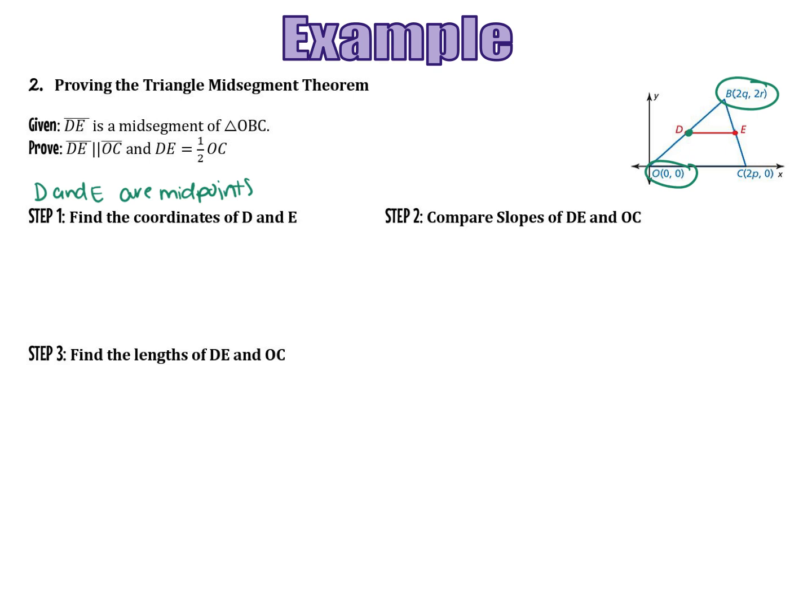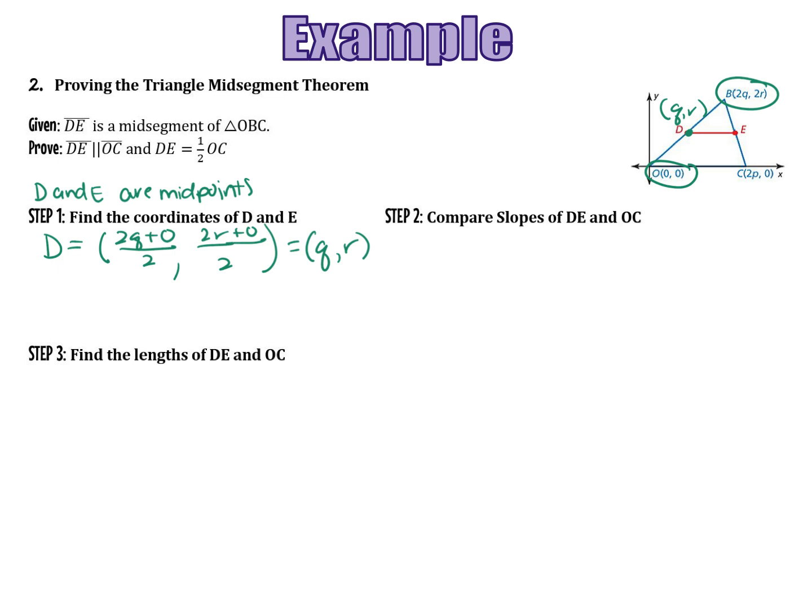So the midpoint, I don't want to call it M though, I want to call it D, is going to be 2q plus 0 divided by 2 for the x coordinate and 2r plus 0 divided by 2 for the y coordinate. So 2q divided by 2 is going to be q, and 2r divided by 2 is going to be r. So the coordinates of D are q, comma, r.